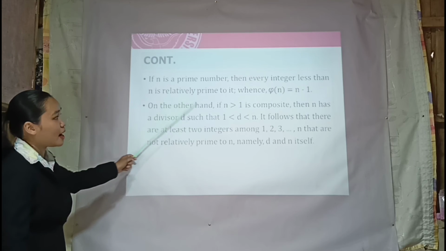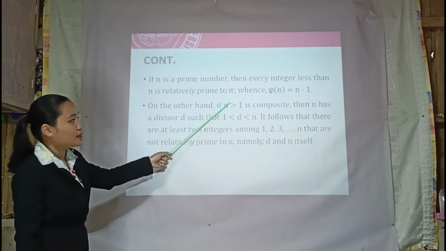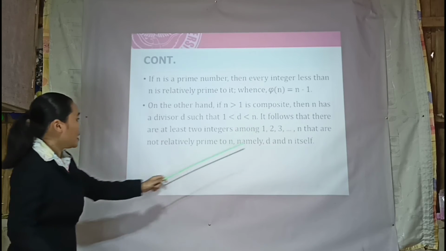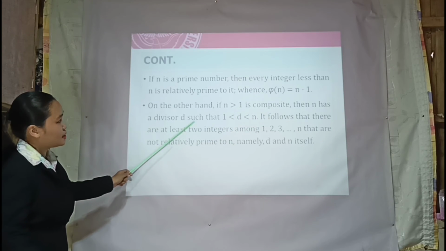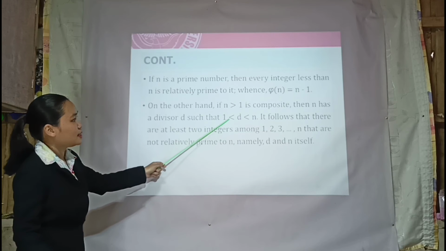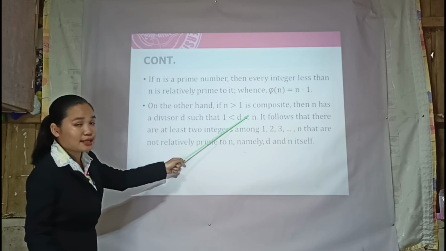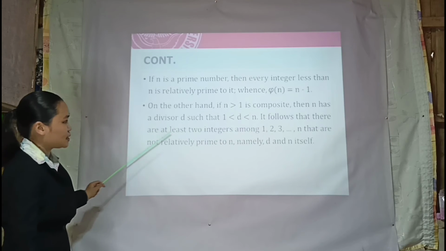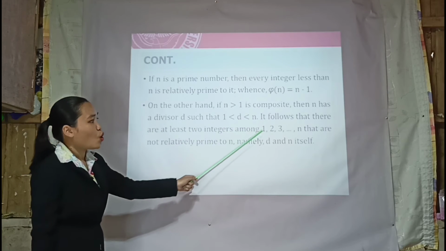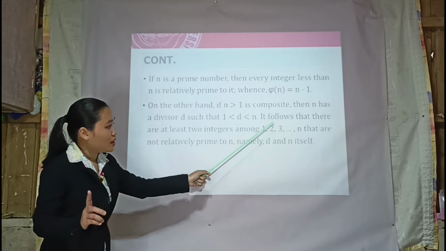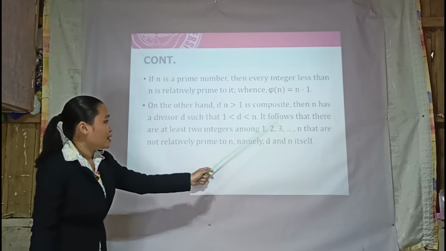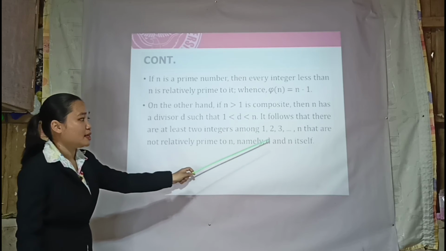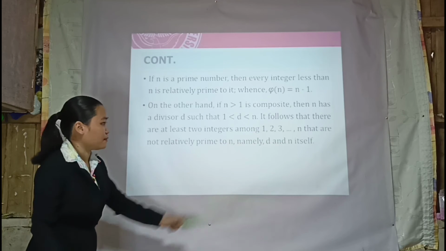Next, on the other hand, if n greater than 1 is composite, then n has a divisor d such that 1 is less than d and d is less than n. It follows that there are at least 2 integers among 1, 2, 3, until n that are not relatively prime to n, namely d and n itself.